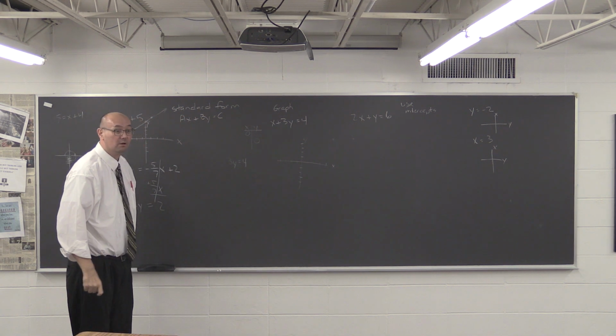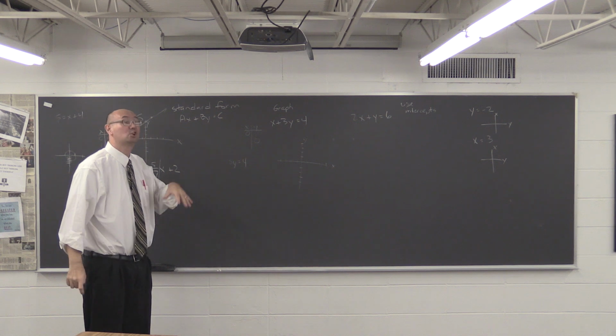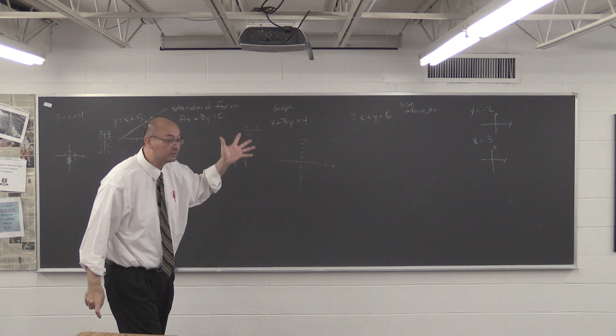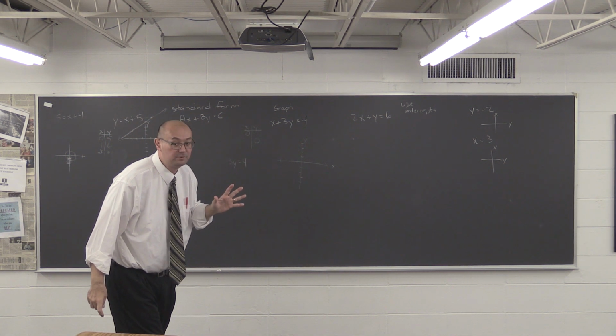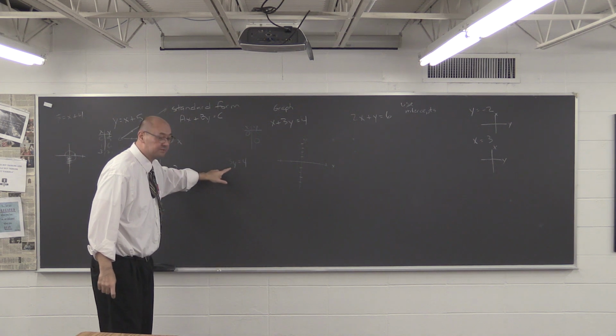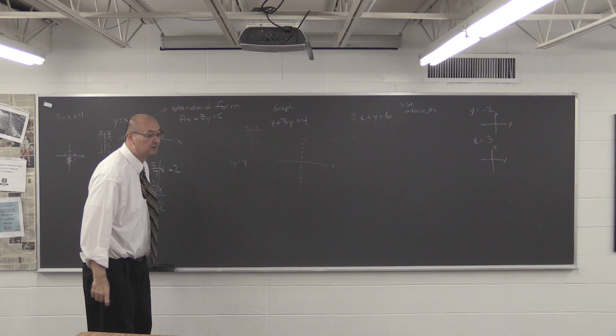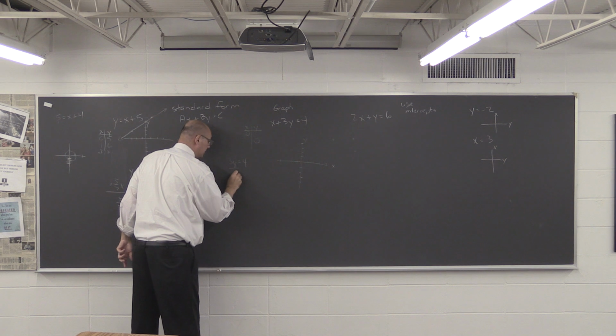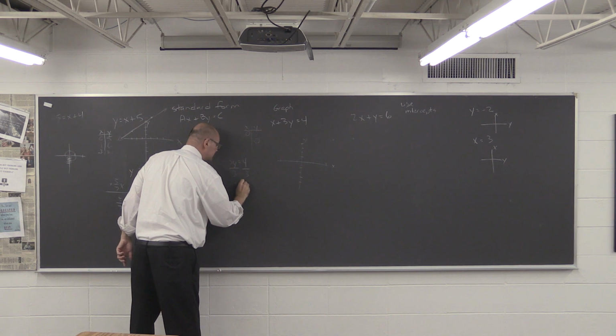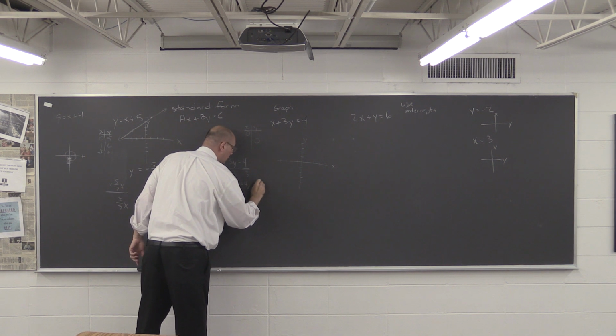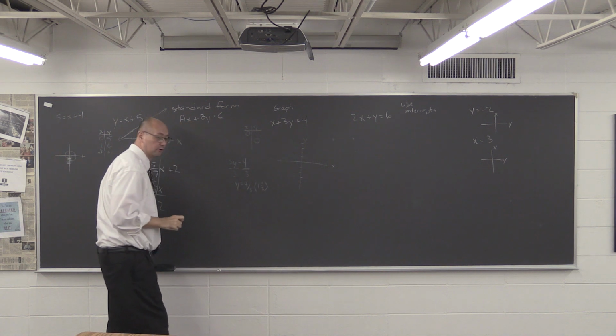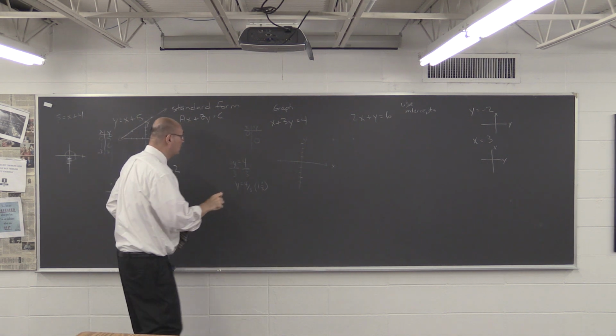You agree? The X is gone. Completely kaput. There's no X to deal with. So we divide both sides by what to get Y by itself? 3. Y is equal to 4/3, or 1 and 1/3.